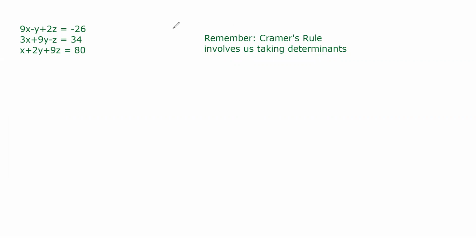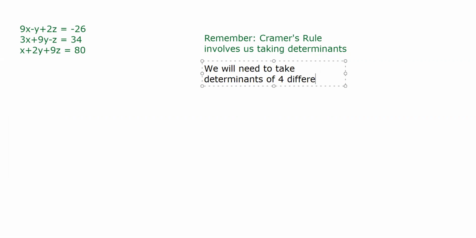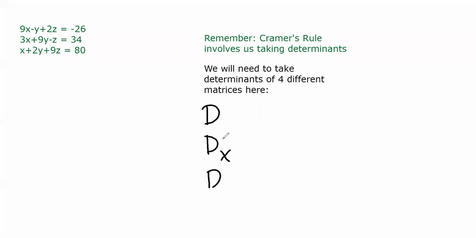We're going to need to take determinants of four different matrices here. We're going to have a D determinant, a Dx determinant, a Dy determinant, and now because we have three variables, we're also going to need a Dz determinant.